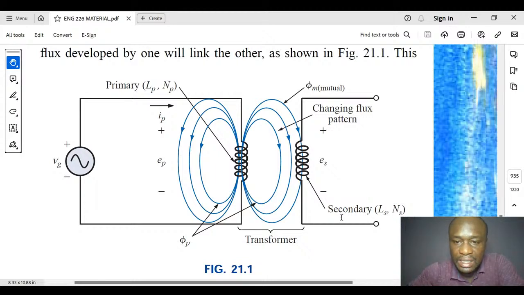So in this case, this secondary turn of wire is brought close to this region where the magnetic flux is. By virtue of the flux line, it will make the secondary side start behaving like the primary side. But the ratio depends on the number of turns of wire that it has.